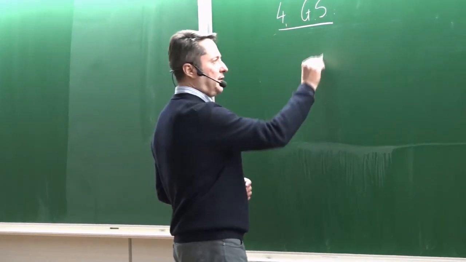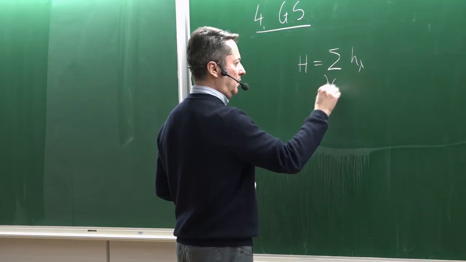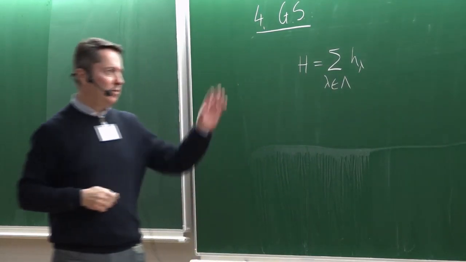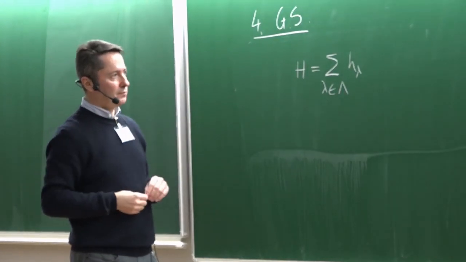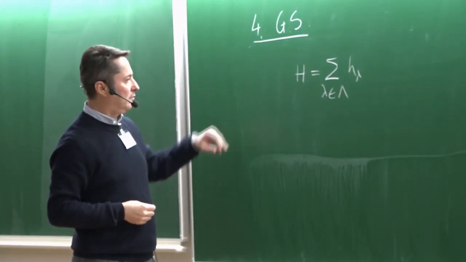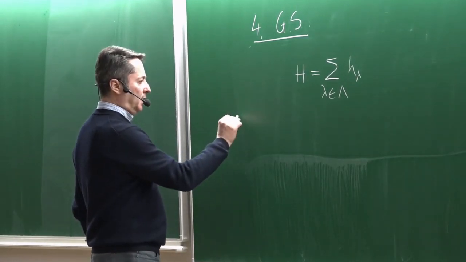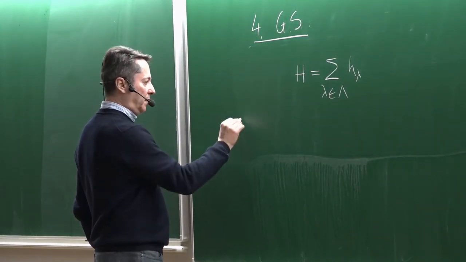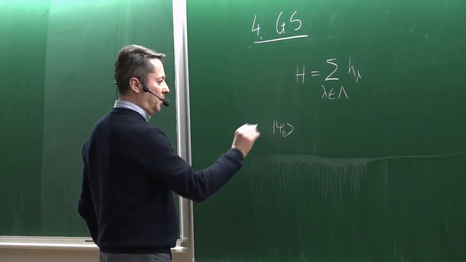Again, we have this Hamiltonian that is local on a lattice, which could now be a non-regular lattice, with no assumption for the moment. And then we want to compute in the ground state some expectation value.